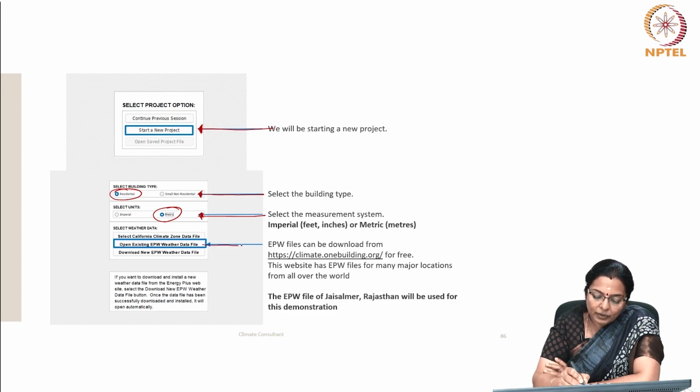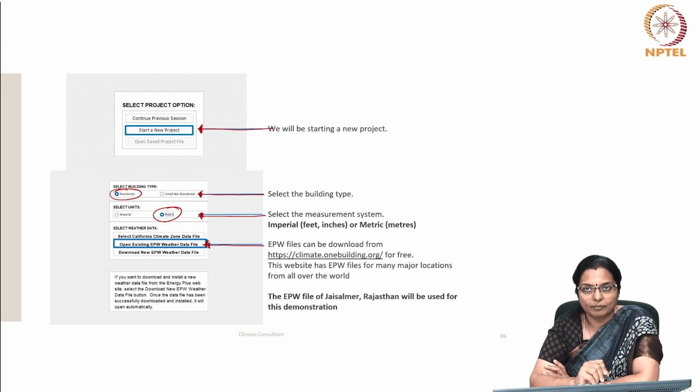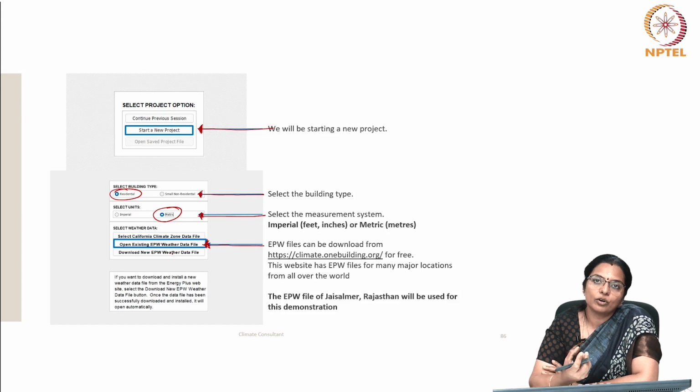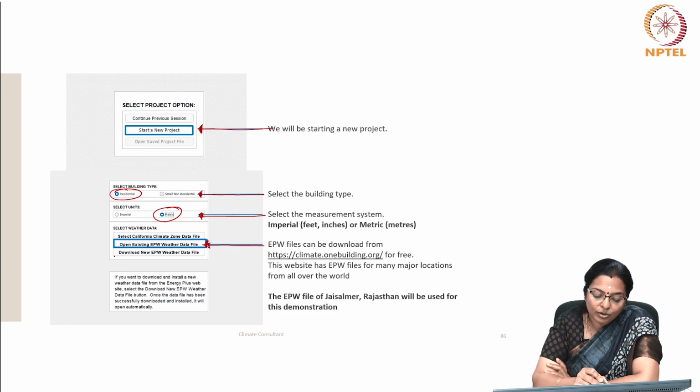Then select weather data. Either you open the existing EPW file weather data, or, if you want a very specific place which may not be there in the existing EPW files, then you have to download the new EPW weather data file. Now, how to download?